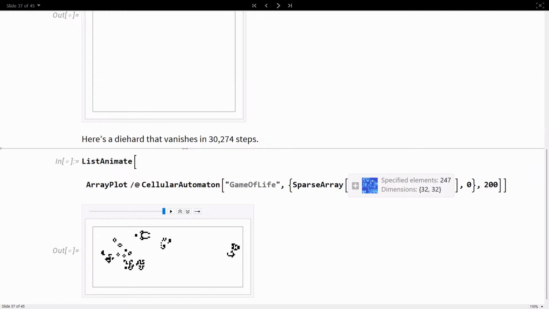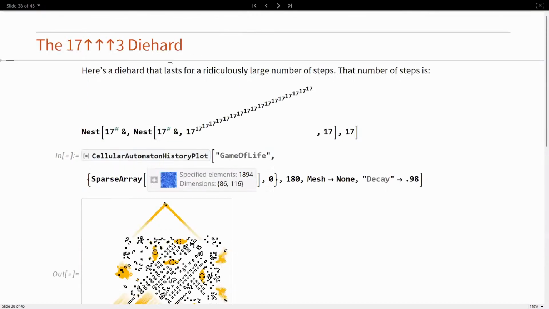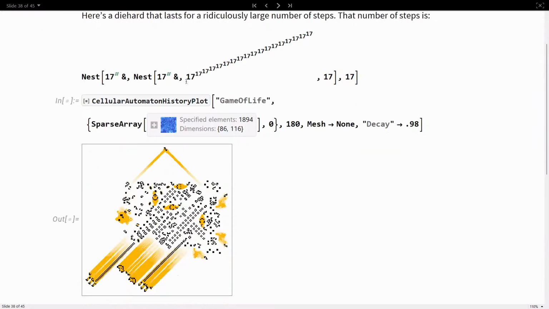So once that was done, they started to construct these bounded shapes which would last a long time. And the question was, how long of a period could you set up? Well, it turns out it's a ridiculously long time.